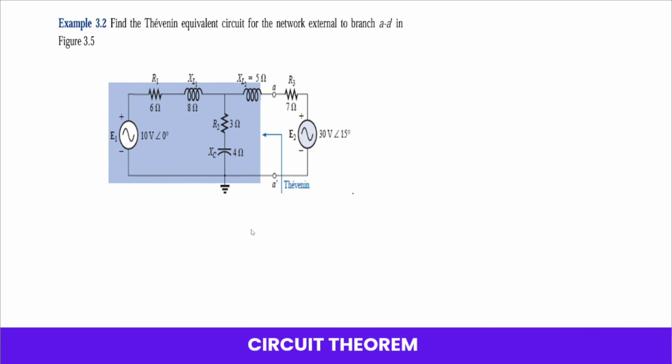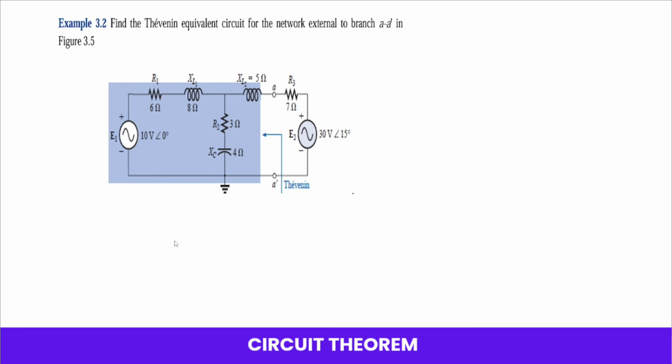So what other parameter are we looking for? We are looking for the value of ZTH. So the same thing, let's redraw the circuit. Whenever we are looking for ZTH, if it is a voltage source, it becomes short circuited. If a current source, it becomes open circuited.